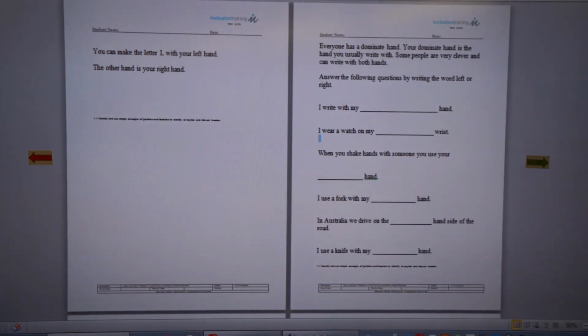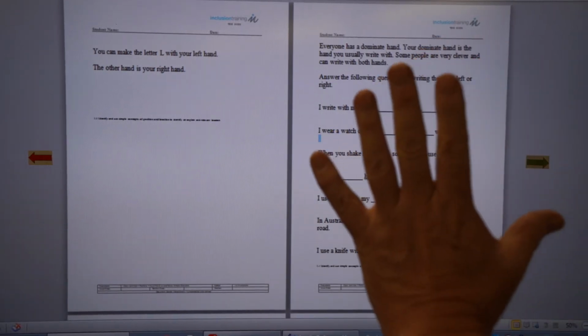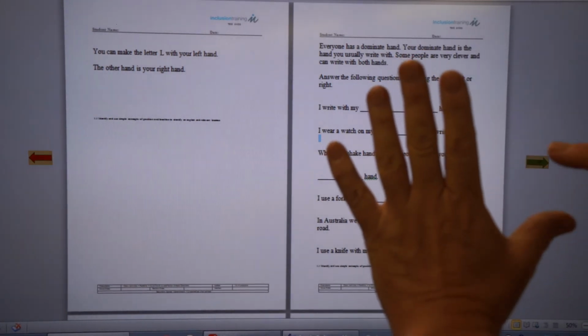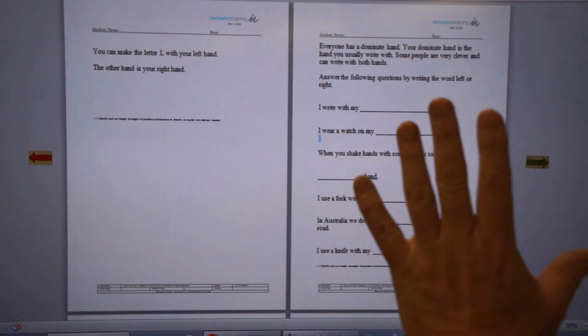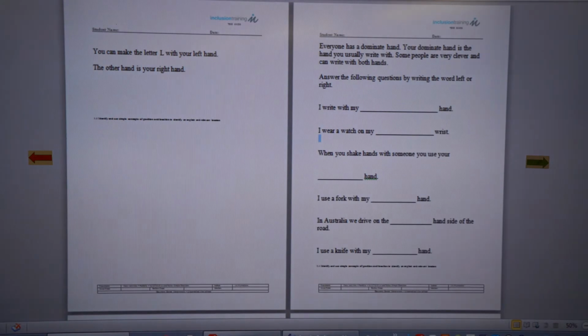If you remember, the left hand is really easy to identify. Your left hand has the L shape. Everything on your left side, that means your left ear, your left shoulder, your left arm, your left hip, your left leg, your left foot, your left shoe, that's all on the left side of your body.